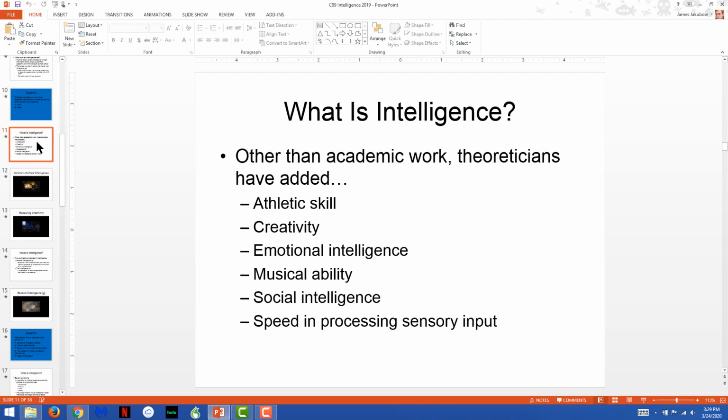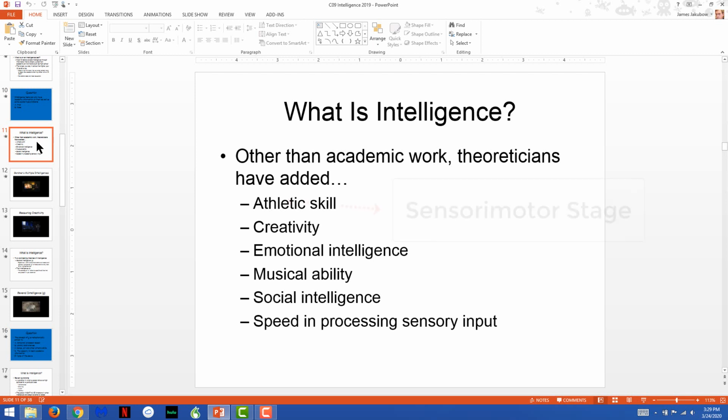Athletic skill. Now, athletic skill is a very odd one. You've probably never heard of an IQ test that measures your ability to do math, to define vocabulary words, and then has you run a 100-yard dash. Not typical. But we actually did cover this back in the developmental chapter.